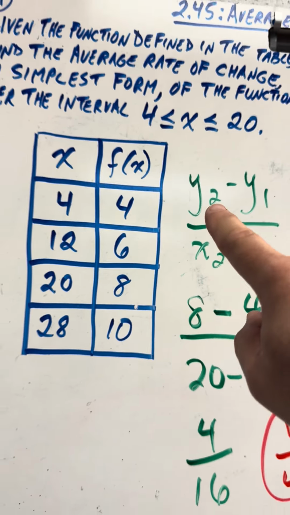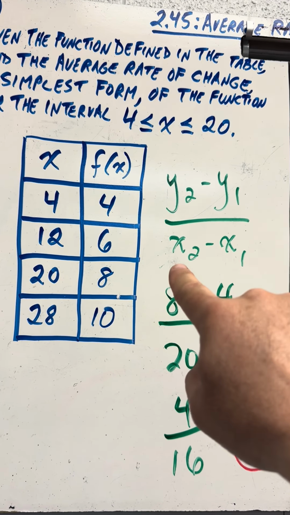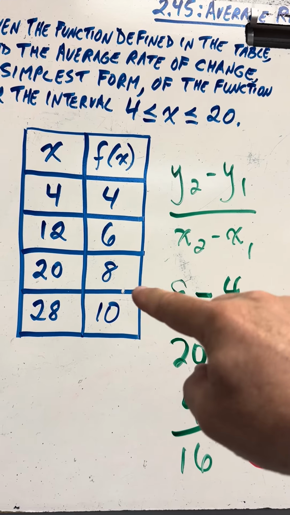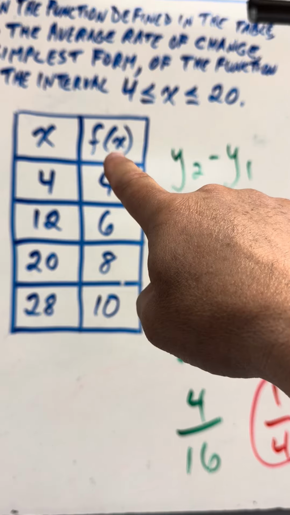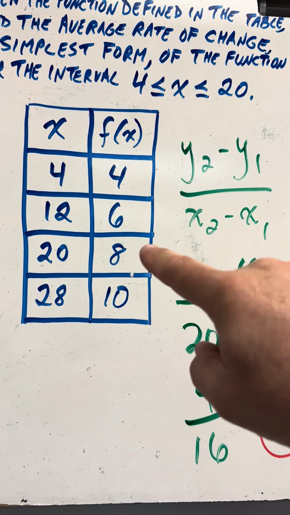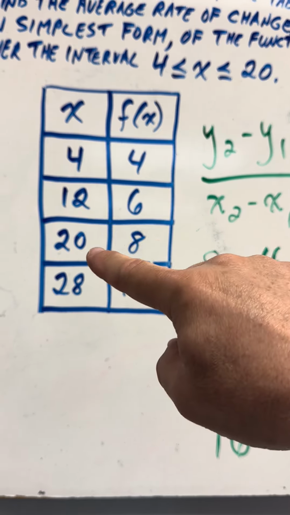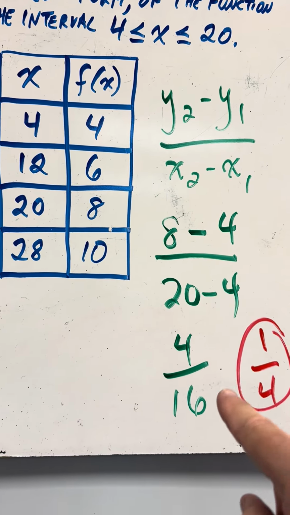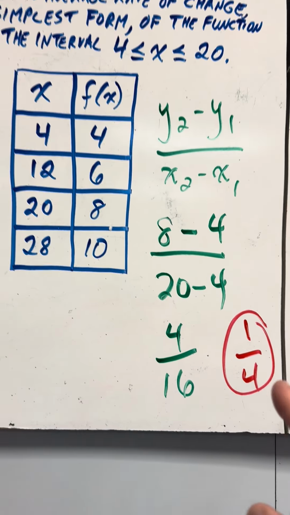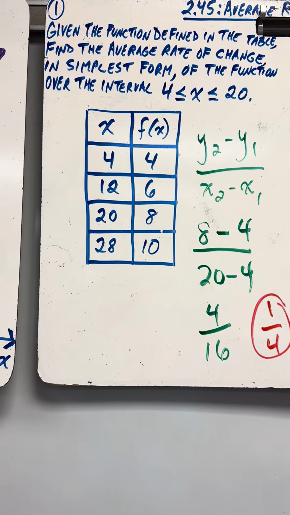So you're going to do y2 minus y1 over x2 minus x1. So you're going to do 8 minus 4, because f of x is the same as y, right? 8 minus 4 over 20 minus 4. 8 minus 4 is 4. 20 minus 4 is 16, and that reduces to 1/4. Done.